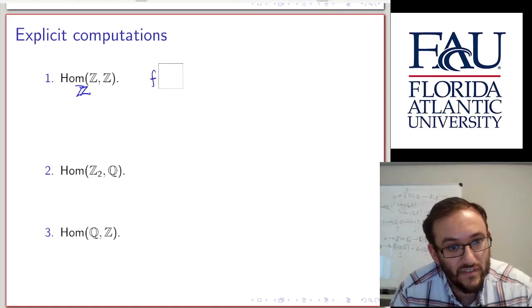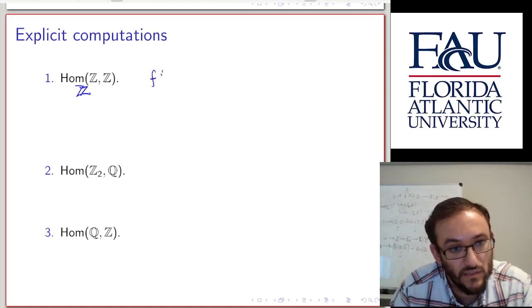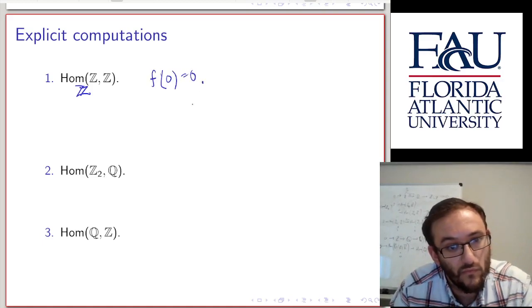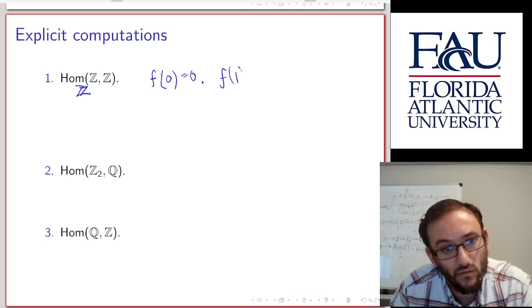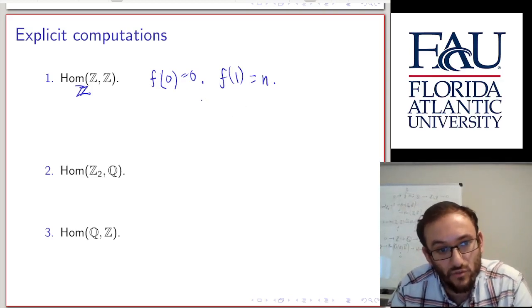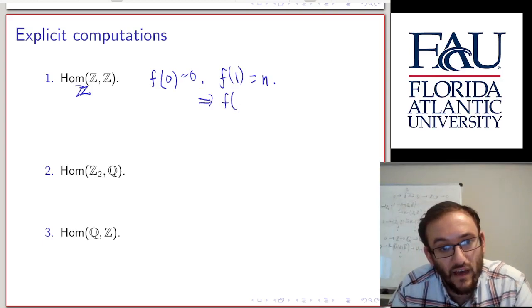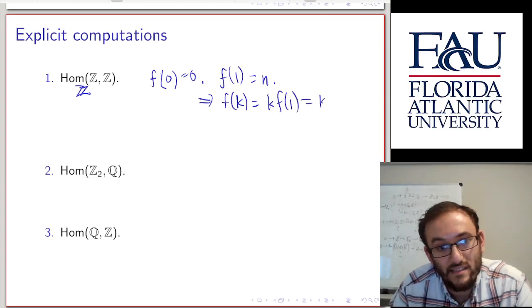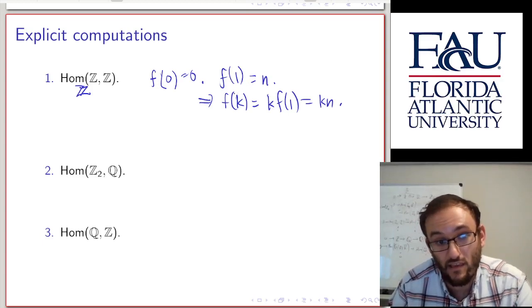We know that f(0) is always going to be equal to 0. How about f(1)? Well, this could actually change. It's going to be some integer n. But then, because this is a Z-module homomorphism, whenever I have f(k), I can write this as k times f(1), which means that this is kn. So the value of f(1) determines the homomorphism.